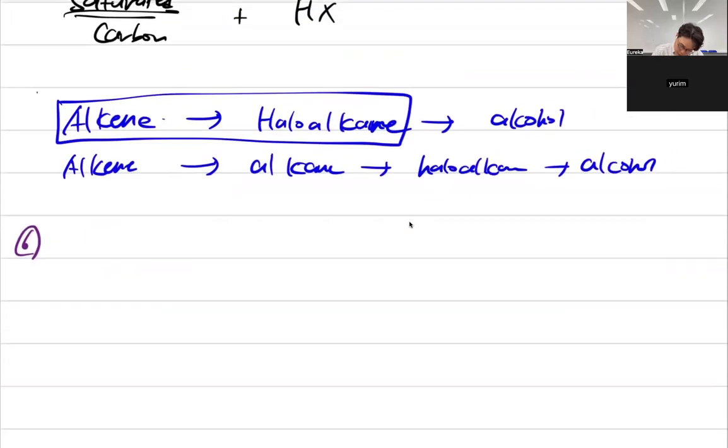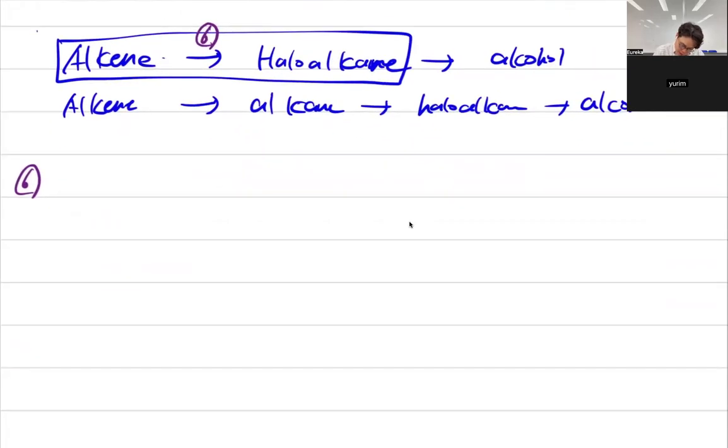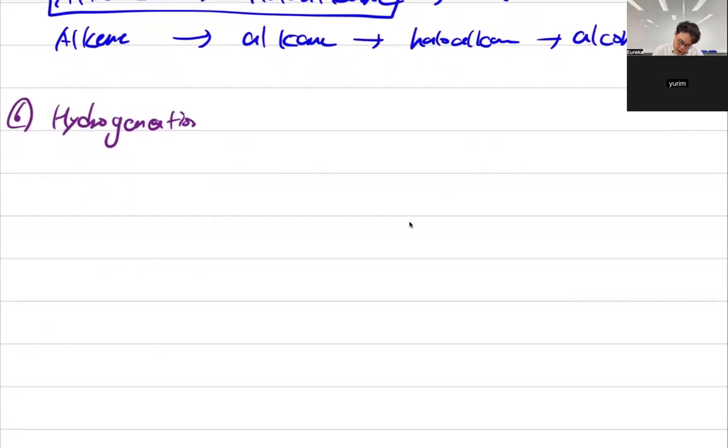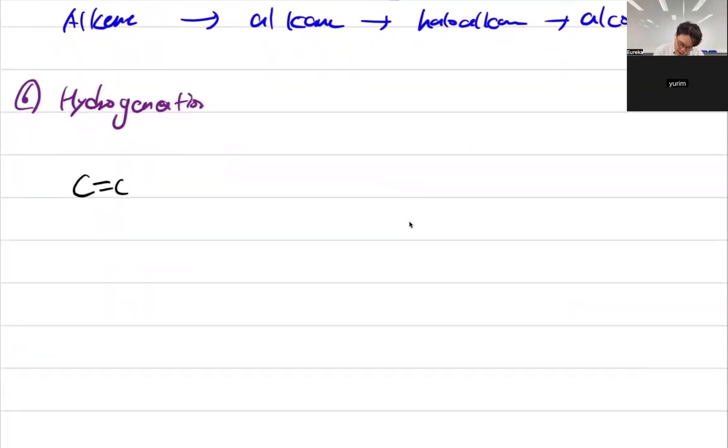Just write it down, number 6 reactions. Number 6, the hydrogenation is the process that we are having on alkene. So I'll show you the example of the alkene, which is ethene, as usual. This is going through the reaction with some H2. But hydrogen is not strong enough to break the bond, so we need help to break the bond between the carbon and the carbon.